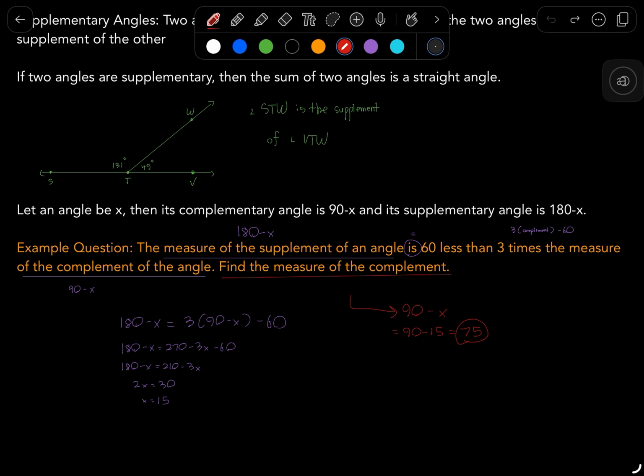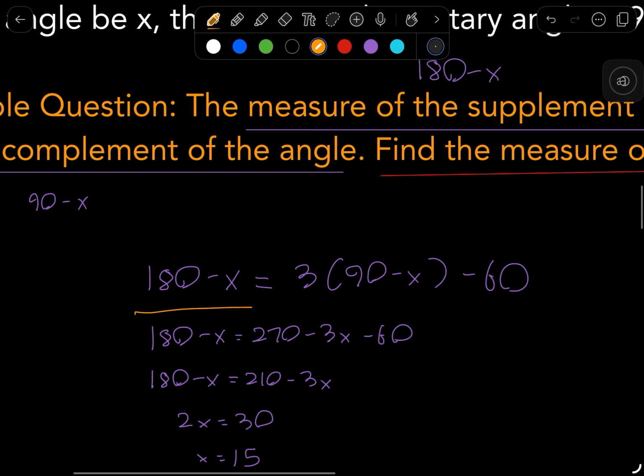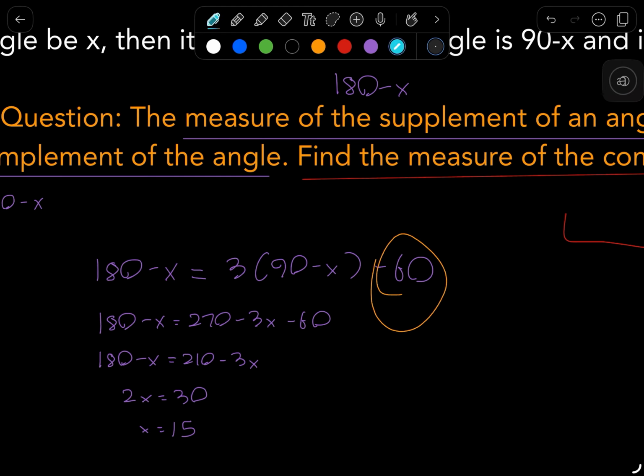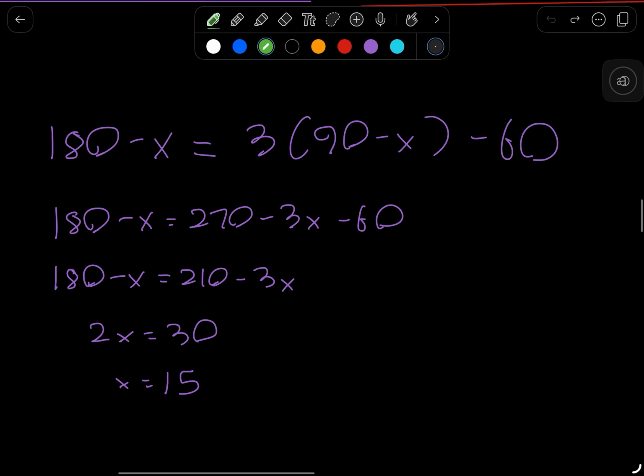So we already have our equation: the supplement, 180 minus x, is equal to 60 less than 3 times the complement. Now we can find the value of x, and using some algebra, you get that x is equal to 15.